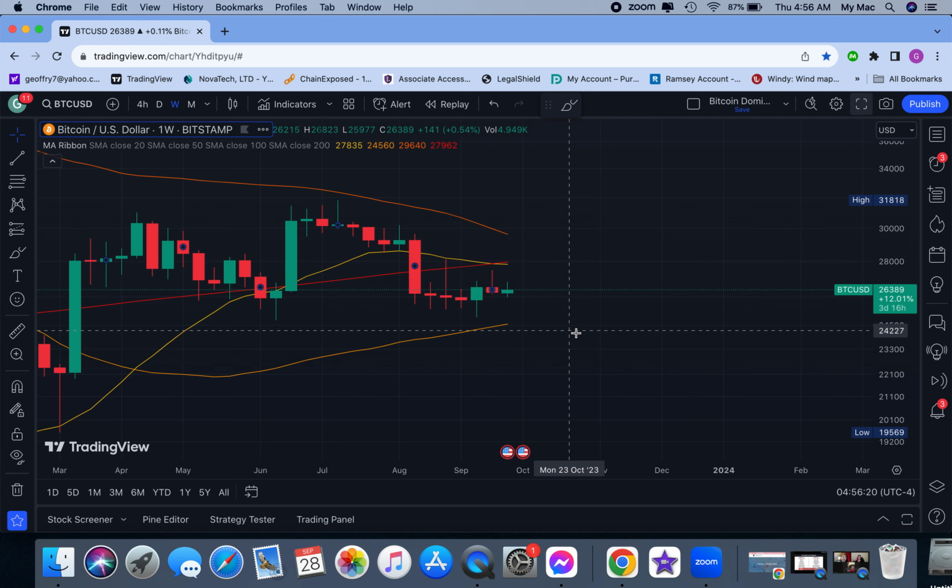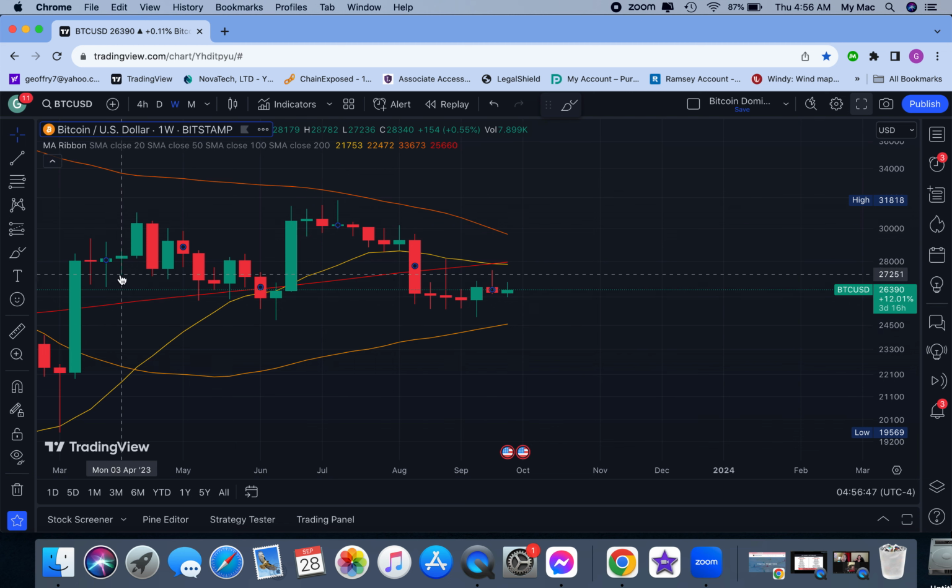On the weekly, you'll notice the bottom band is at 24,560 and the top band is 29,640. And we are just kind of trading in between that. If you look all the way back here to March, we've basically been going sideways, maybe slightly down.